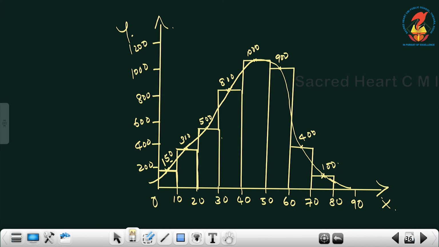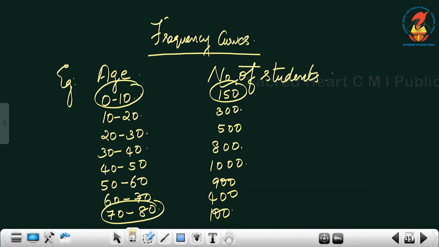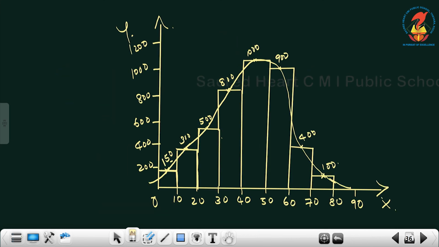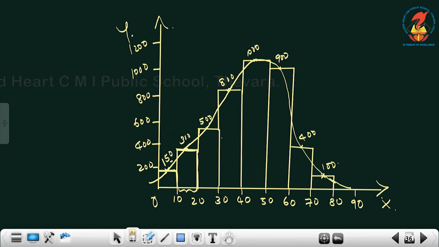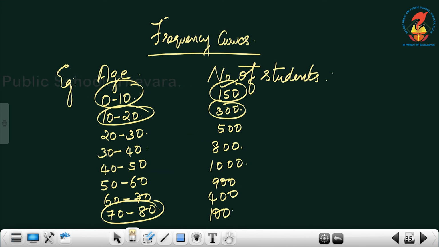Now, 0 to 10, the value is 150. I have marked it as 150, the height of the bar is 150. 10 to 20, the height of the bar is 300. I have marked it as 300. Again, 20 to 30, the height of the bar is 500.